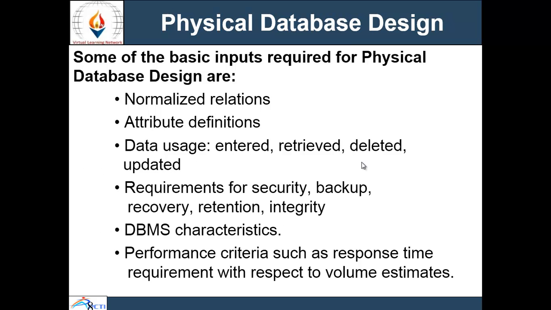The basic inputs required for the physical database design, meaning if you want to physically design a database, are normalized relations, attributes or fields, data usage, that is entered, retrieved, deleted and updated data, requirements for security, backup, recovery, integrity, database management system characteristics, and the performance criteria such as the response time requirements with respect to the volume estimates.